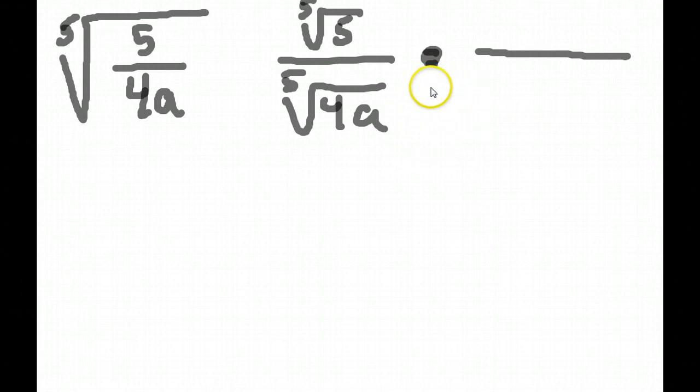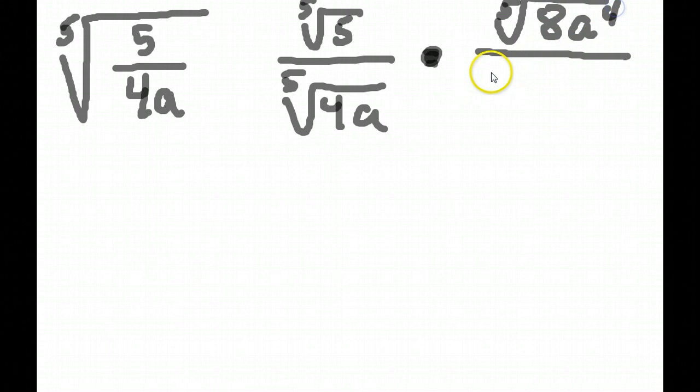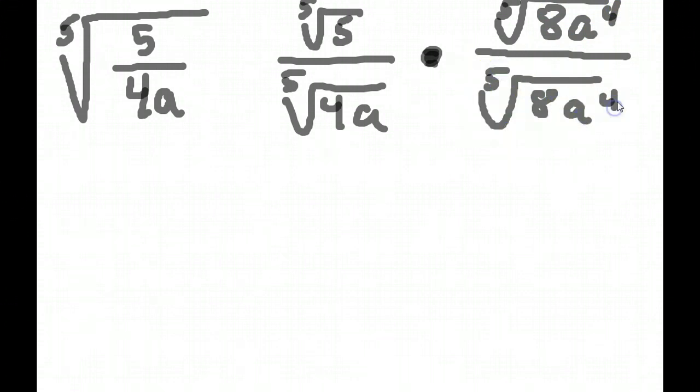So rationalizing the denominator would look like our original expression, fifth root of 5 over fifth root of 4a, times fifth root of 8a to the 4th over fifth root of 8a to the 4th. And what does this equal?